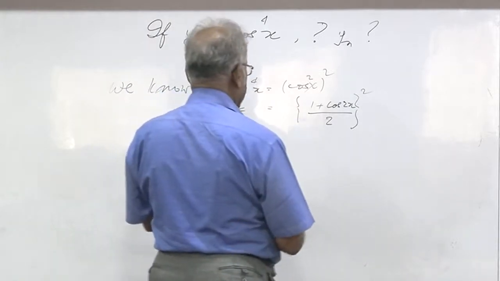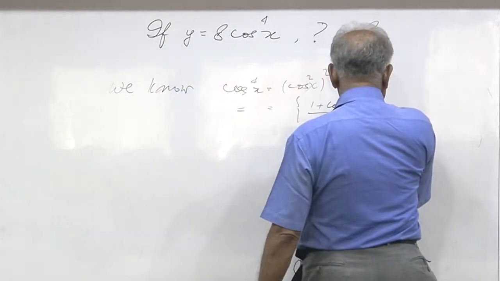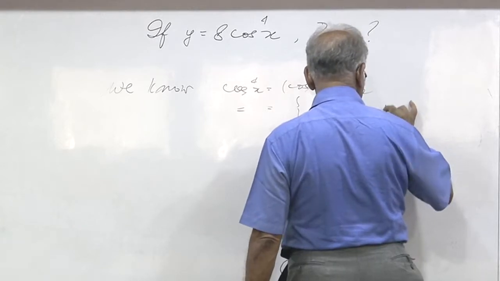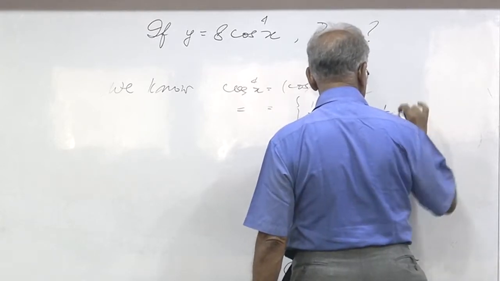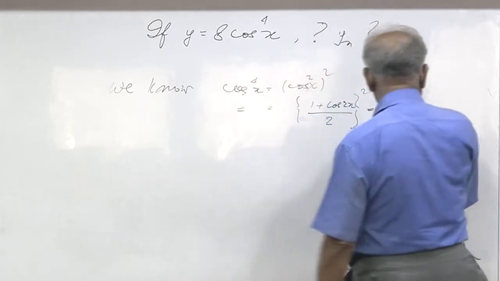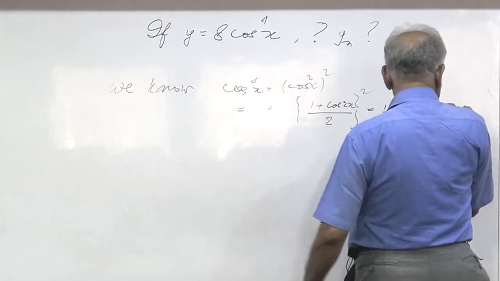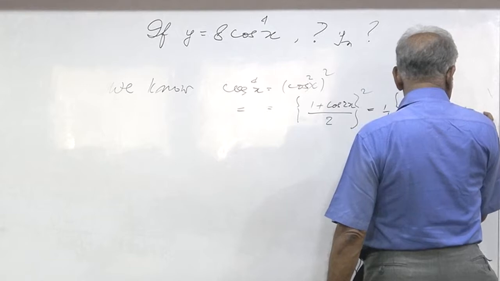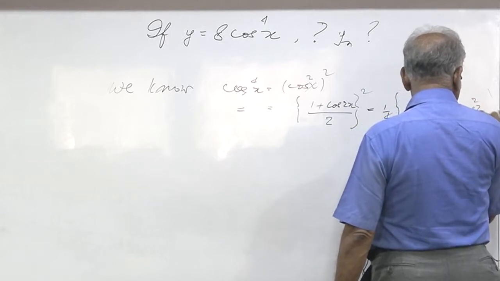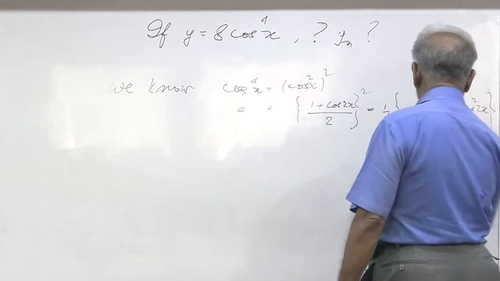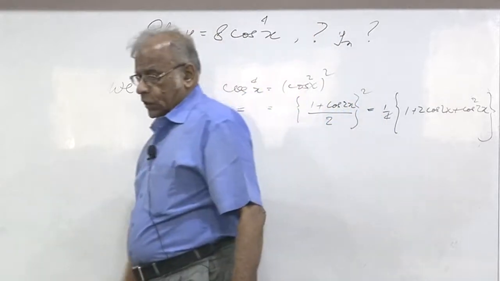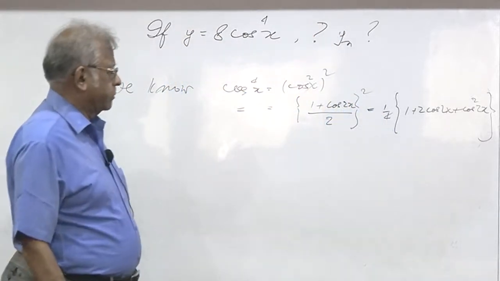So this is actually equal to 1 by 4 times 1 plus 2 cos 2x plus cos square 2x. Hopefully there is nothing erroneous.